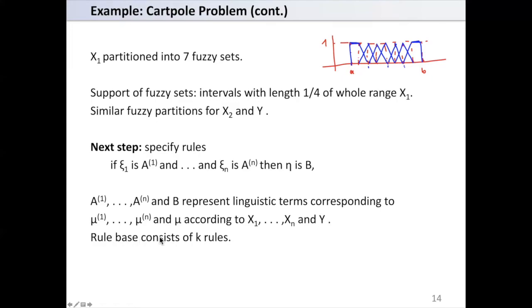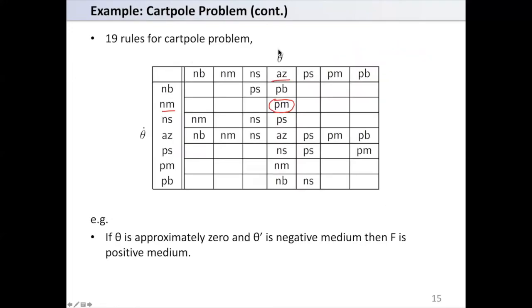The rule base consists of k rules. For the input variable theta, on the reference set from -90 up to +90, and also similarly for theta prime, negative big, negative medium, negative small, approximately 0, positive small, positive medium, and positive big are defined as fuzzy sets.